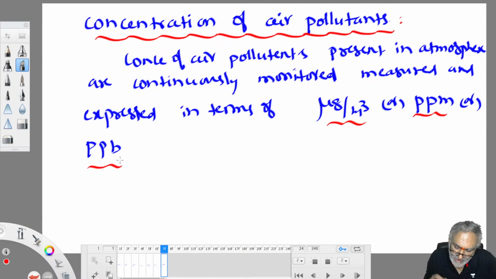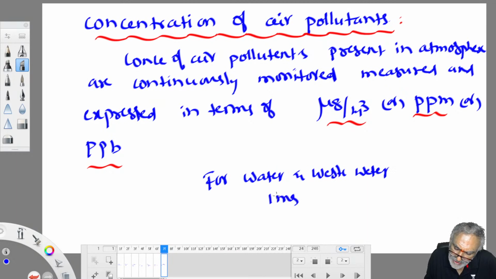So conversion is asked. Conversion is not that simple and easy, because for water or wastewater or for liquids in general, we took 1 milligram per liter is equal to 1 ppm. That is true, but only for liquids.